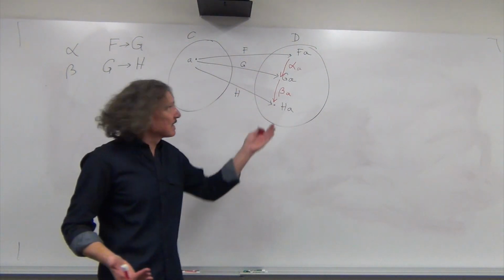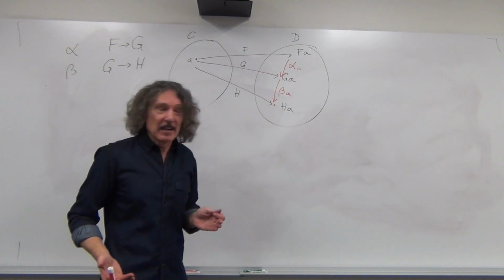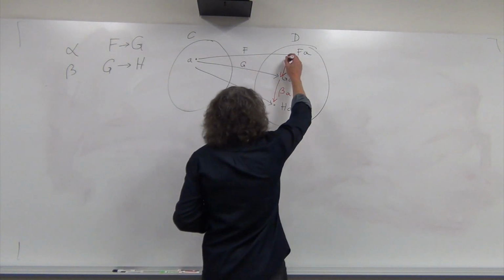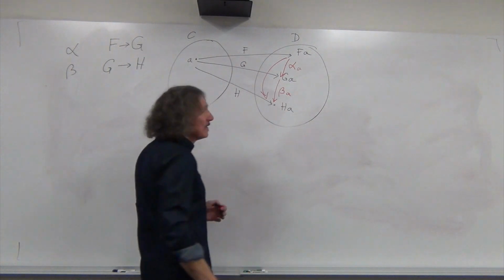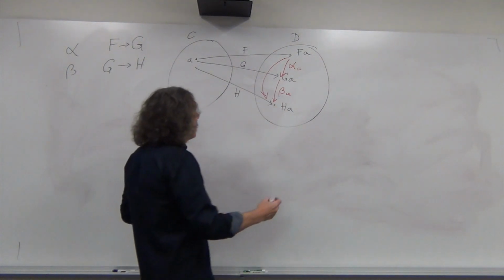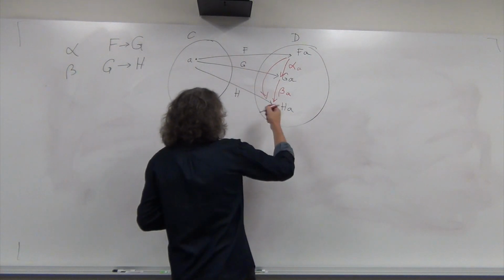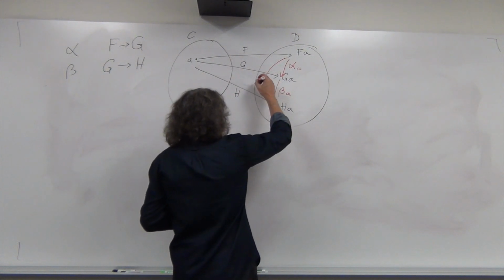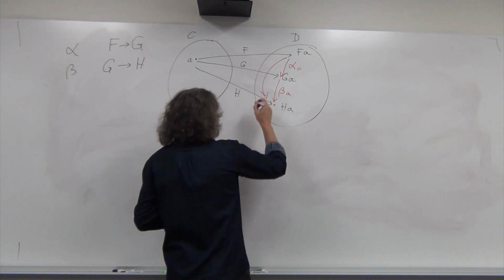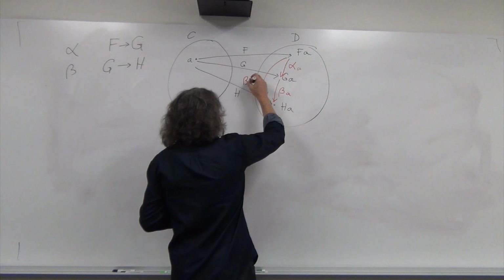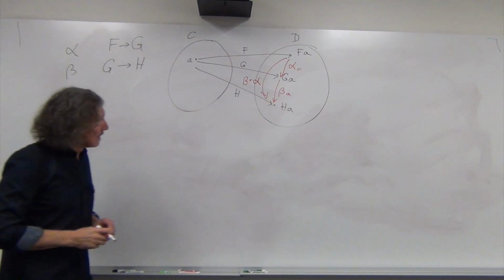They compose. This is a category, after all. So if they compose, then there is this morphism here, and let's call it gamma, or should we call it just beta after alpha? I'm going to use a little dot, not a circle in this case.